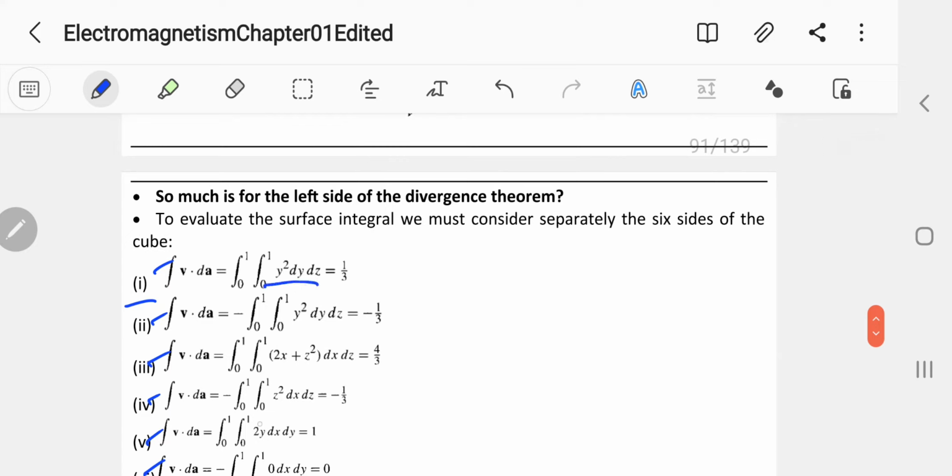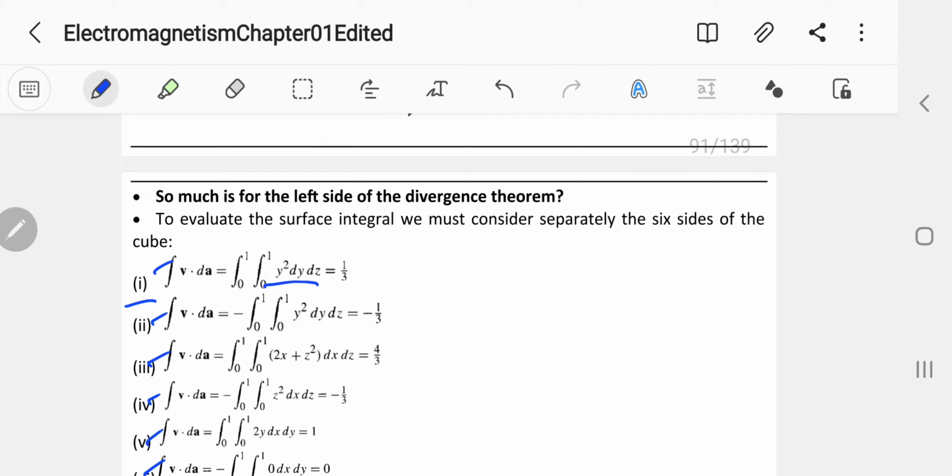So that's why you have y squared dy dz. And if you integrate that, this is y cubed over 3, the integral of y squared dy, evaluated from 0 to 1, so that's 1/3.